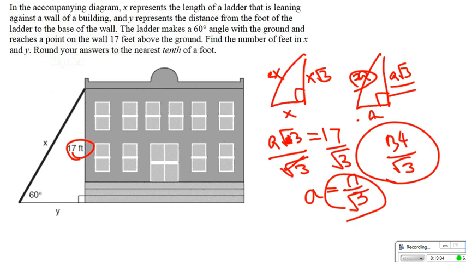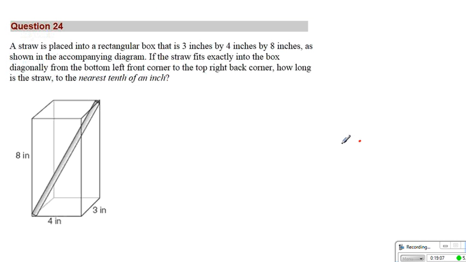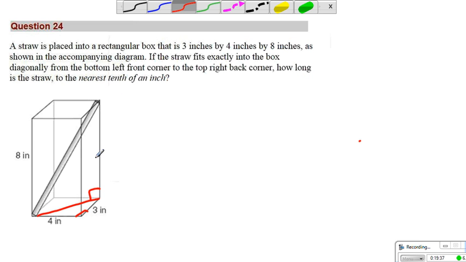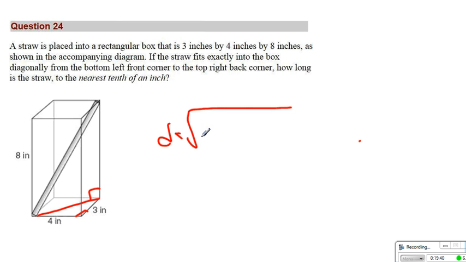Alright, let us move on. In this case, what many people would have tended to do is draw the diagonal of the base, and then realize that the diagonal of the base makes a right angle with the height, so they do the Pythagorean theorem twice. We can definitely do that. Another thing we can do is this. The distance formula in 3D would be the square root of a squared plus b squared plus c squared.